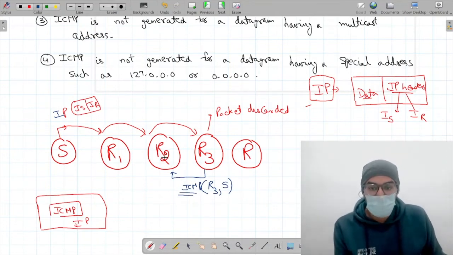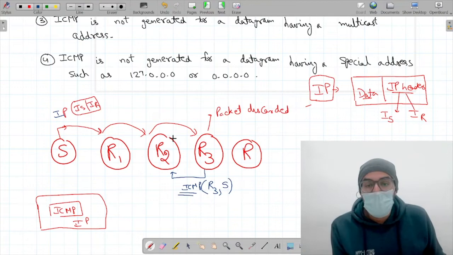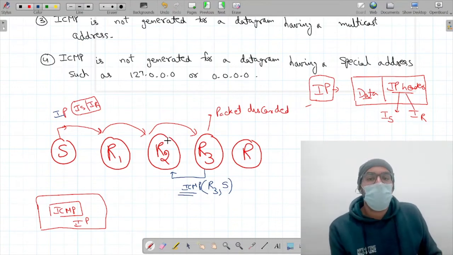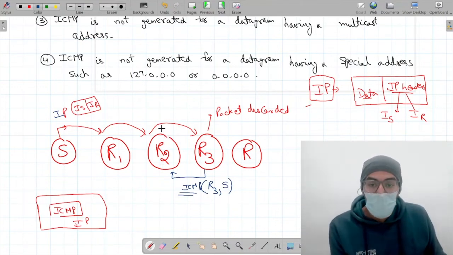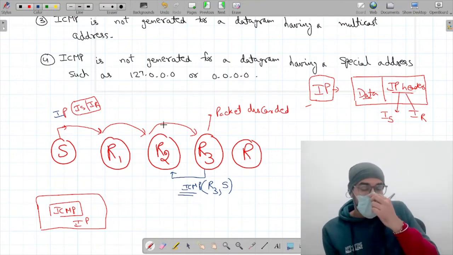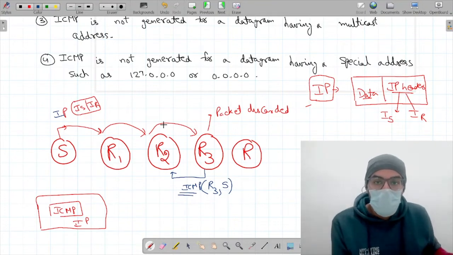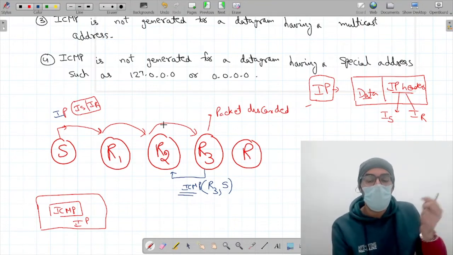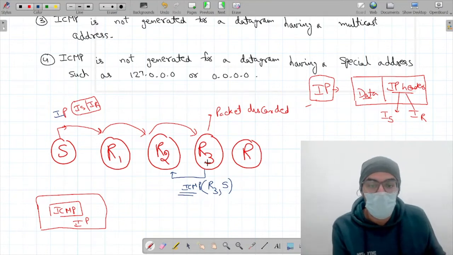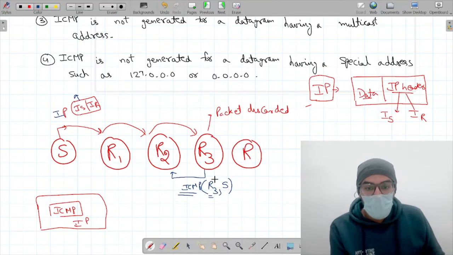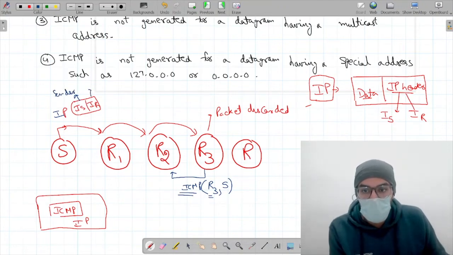Now since this ICMP message is contained inside the IP packet, when this IP packet is passing through the router R2, let's say that router R2 has also discarded the packet. So over here, according to the protocol, as I have discussed before, whenever an IP packet is discarded, we report to the sender that I have discarded your packet. So who is the sender over here? In the first part of this IP packet I am going to write the sender, and in the second part the receiver, better to say the final destination.